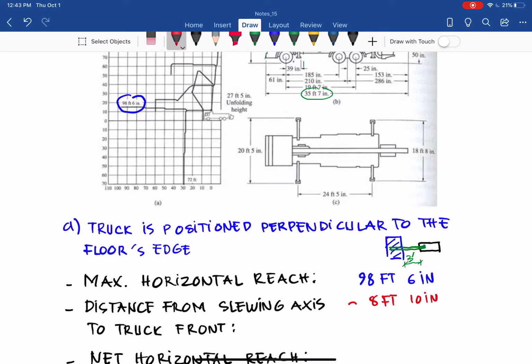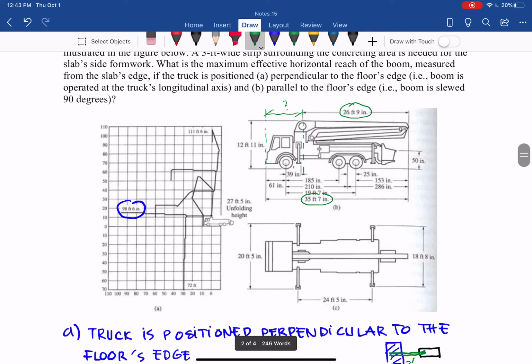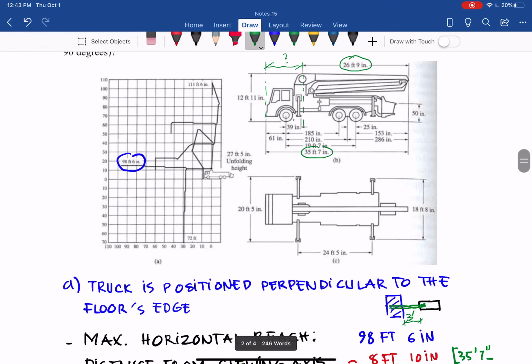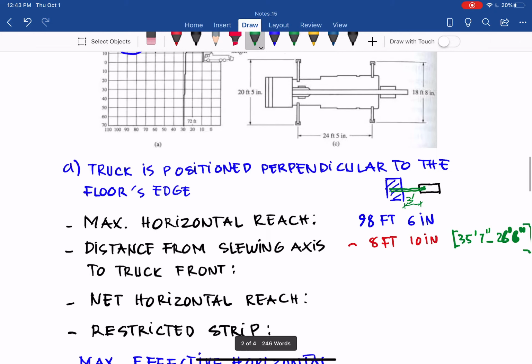Where does that number come from? I just showed you there. It is 35 feet 7 inches minus the slew axis to the back 26 feet 6 inches. So that's where the number comes from.